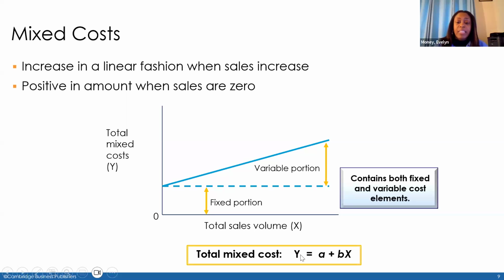So here, y is still my total cost, that mixed cost. And I have a fixed component and a variable component. So the A in this equation represents the fixed component, and the B times the X represents the variable component. B is the slope or the variable cost per unit, and X is still the activity.